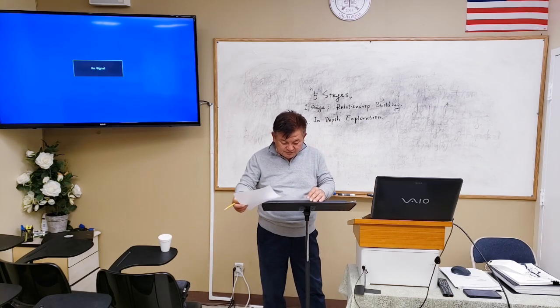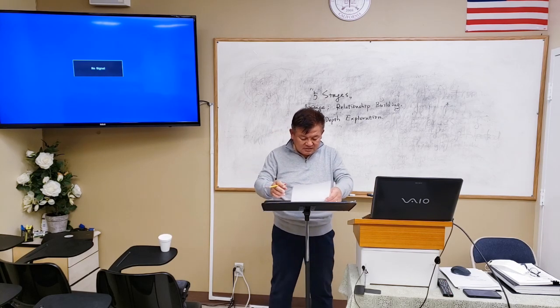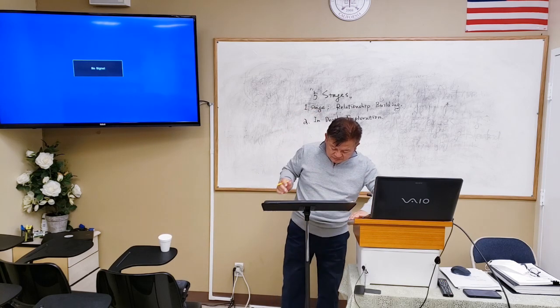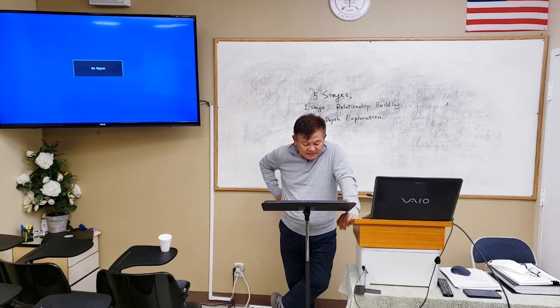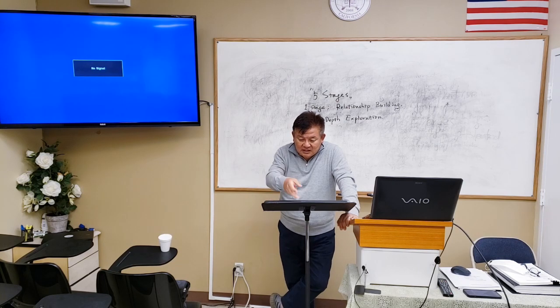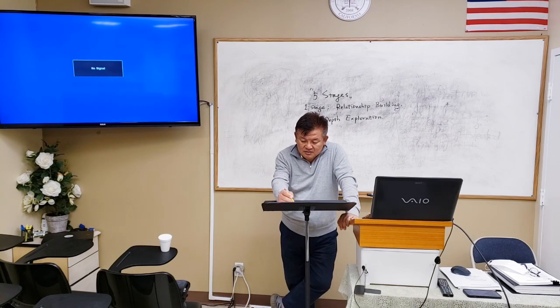For example, there are three kinds of questions about the client's problems. First, is there a pattern of events leading to the problem? Second, how long has the problem persisted, and does it interfere with the client's life? And third, how has the client coped with the problem? So first, is there a pattern of events leading to the problem?